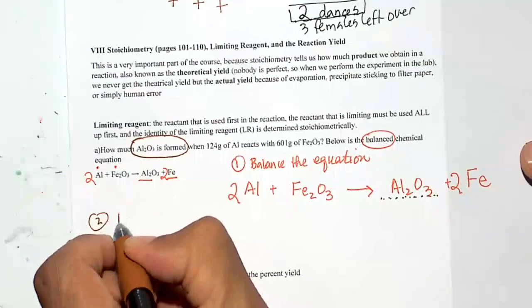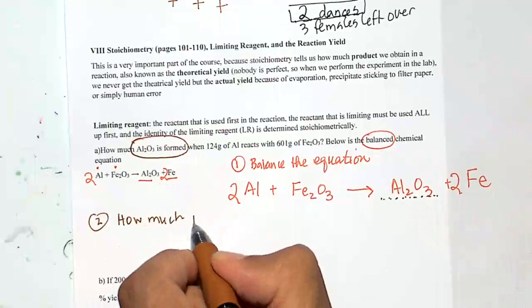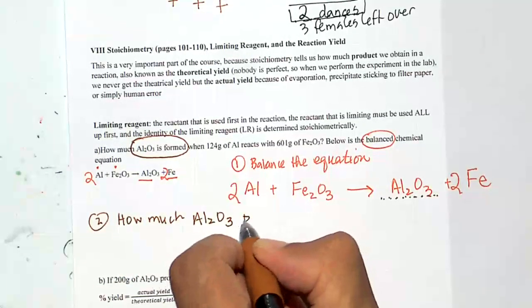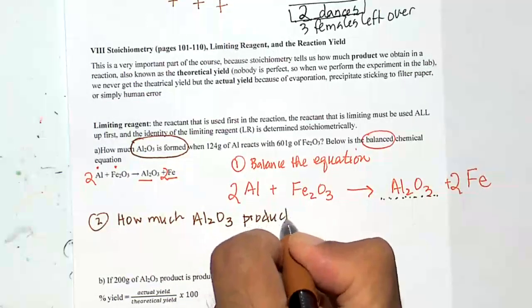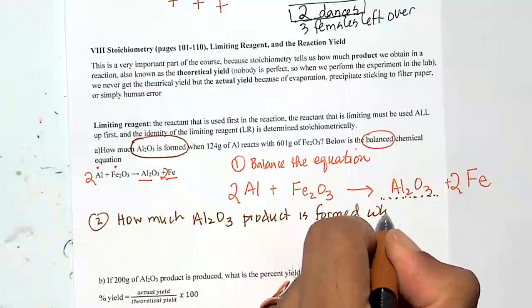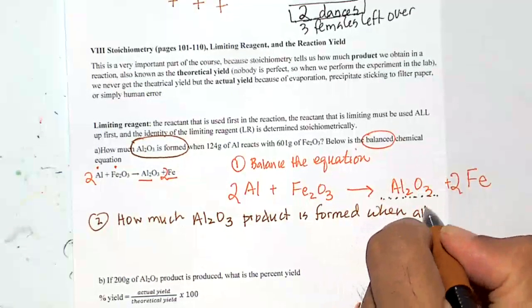This is the limiting reactant, or limiting reagent. So we will ask how much Al2O3 product is formed when all the Al, aluminum, is used up.